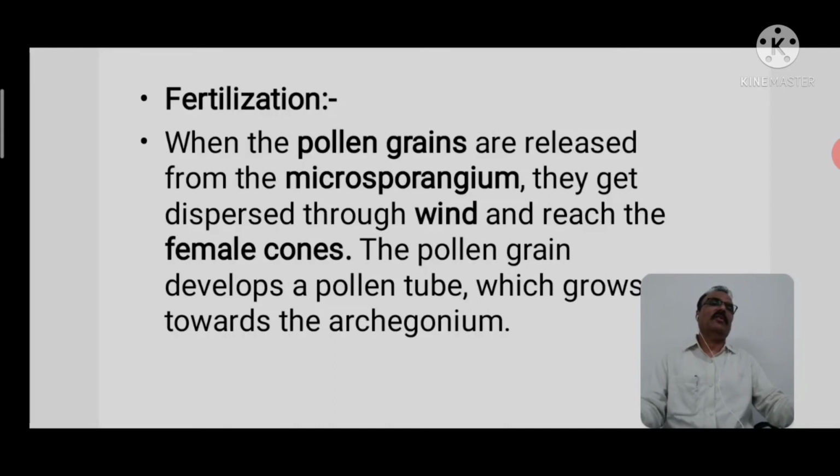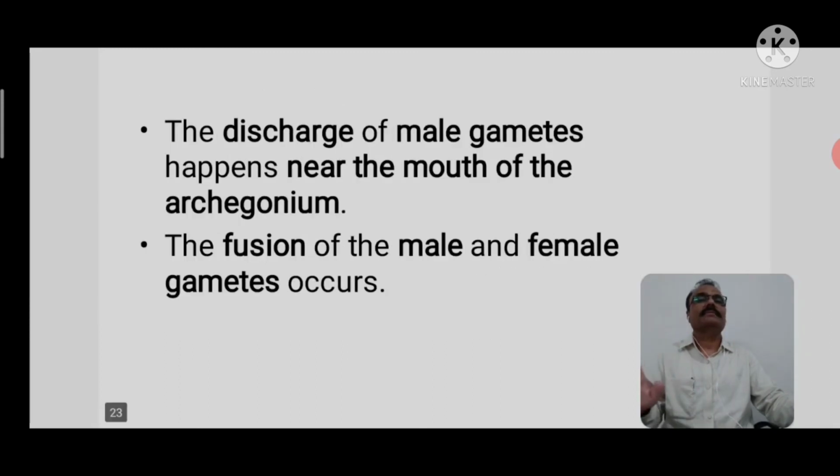The union of male gamete and female gamete is simply known as fertilization. When the pollen grains are released from microsporangia, they get dispersed through wind and reach female cones or female strobili. The pollen grains develop a pollen tube, which grows towards the archegonium.